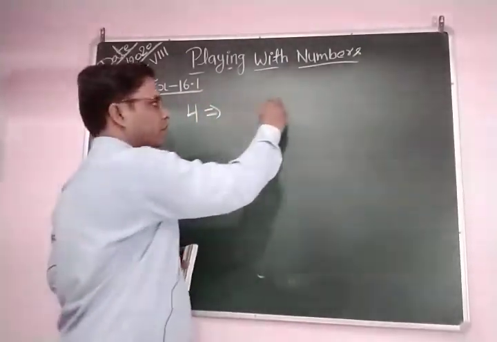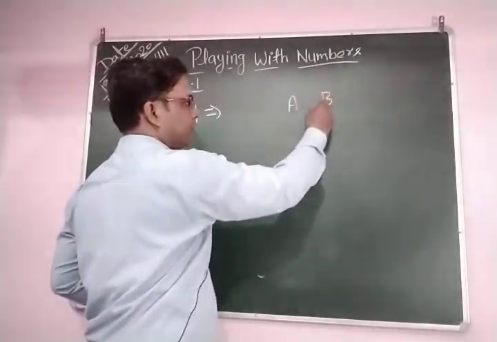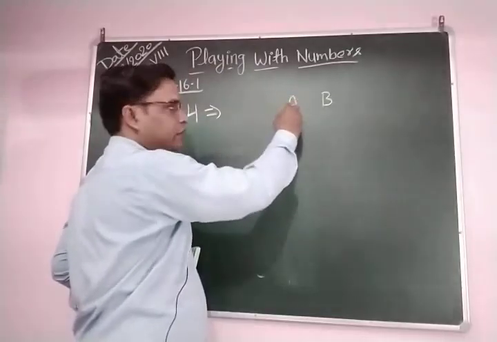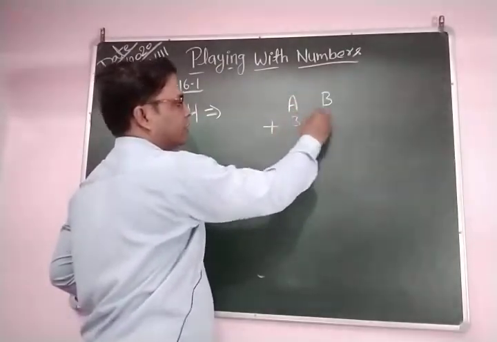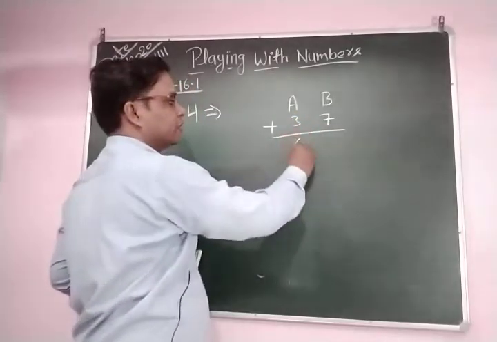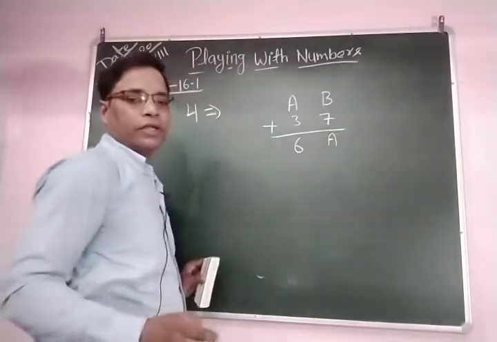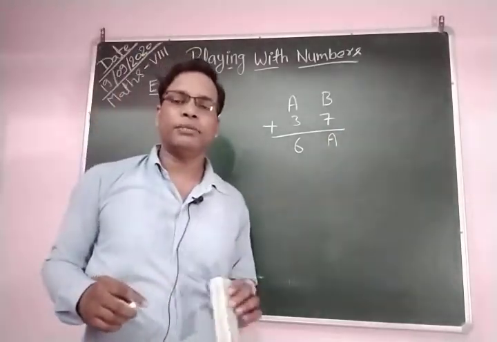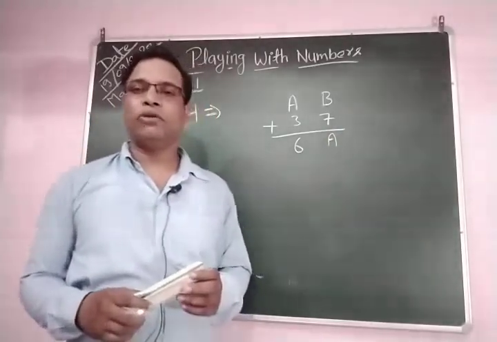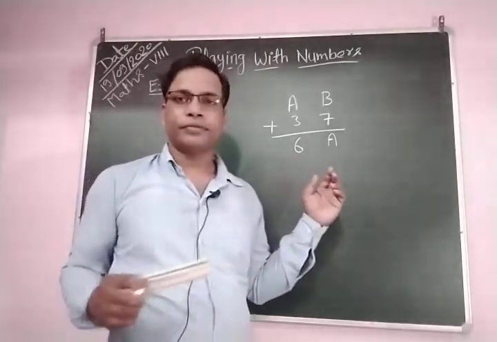This is given: this is digit A, this is digit B, plus 3 and 7, and this is equal to 6 and A. So here we need to find the value of A and the value of B. So how do we find the value of A?